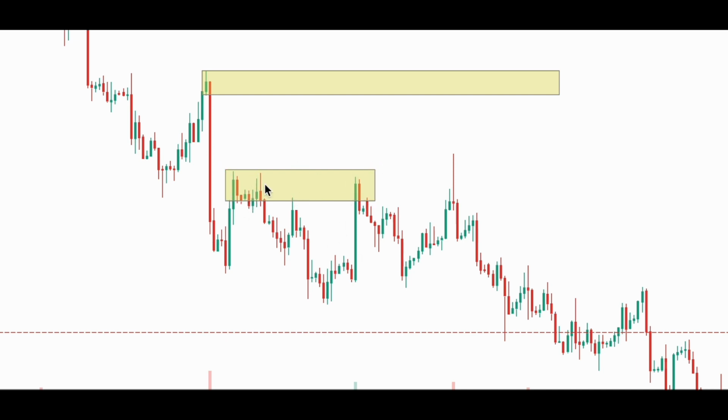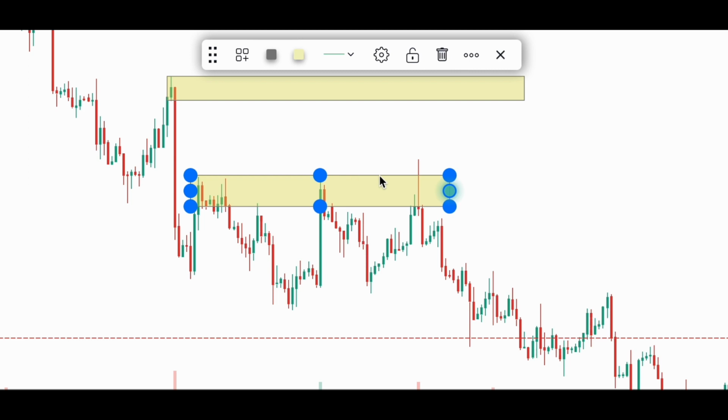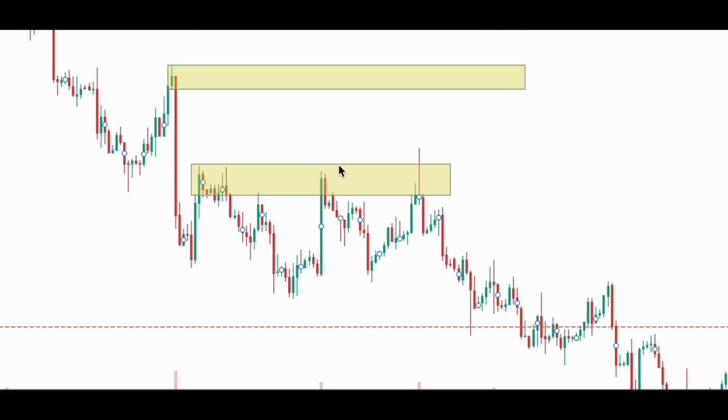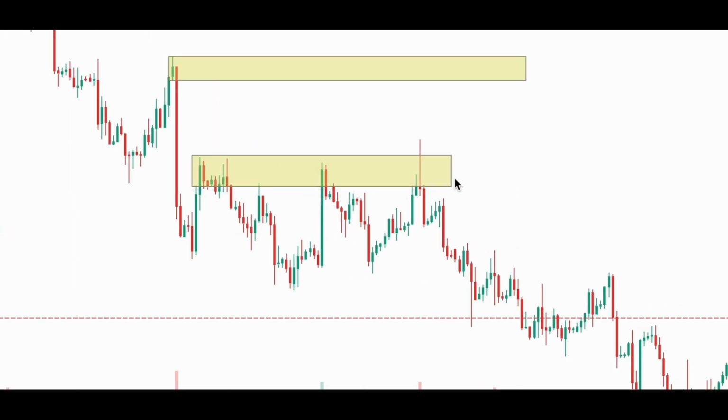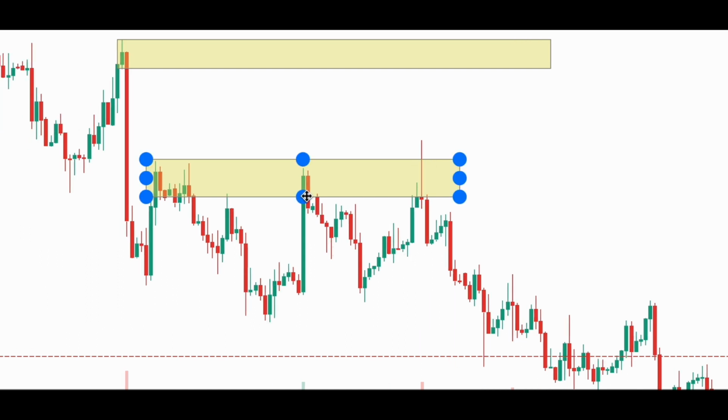And yes, the price touched it for the second rejection, this is the third rejection, and here is another rejection, but the price went slightly higher. I think it's because of high impact news, when the price will fly more or even go out of the zone a little bit sometimes. So we have to be careful.